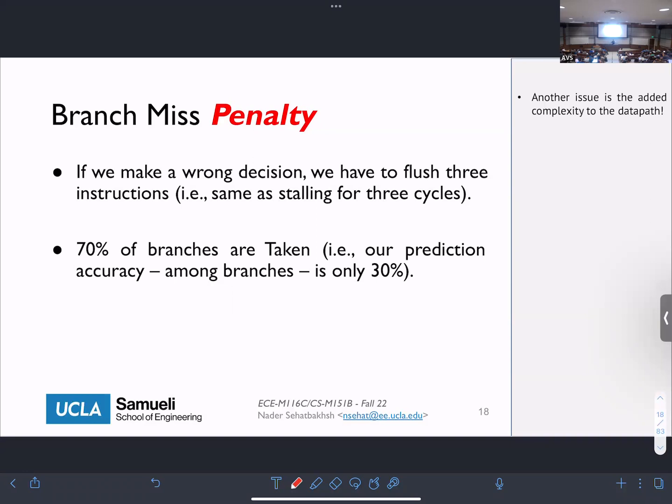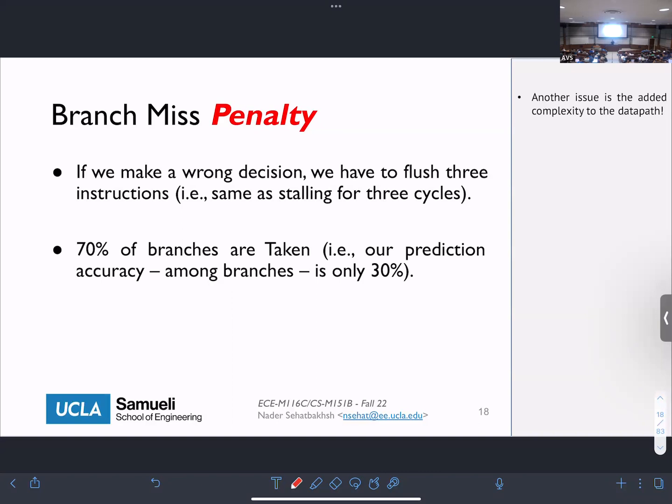And it's slightly worse than that, because not only are we flushing those instructions, but we are adding additional control to our hazard control unit, and we are also adding these muxes, and we also read some junk and did some wasteful activities. So our miss penalty in terms of performance only is 3 cycles, similar to the case where we were just stalling the processor and not predicting anything at all.